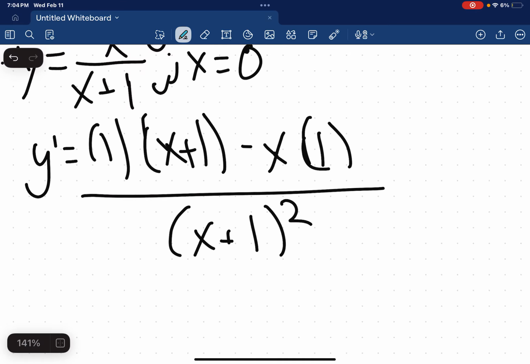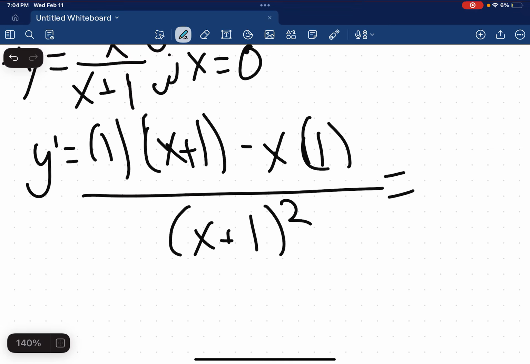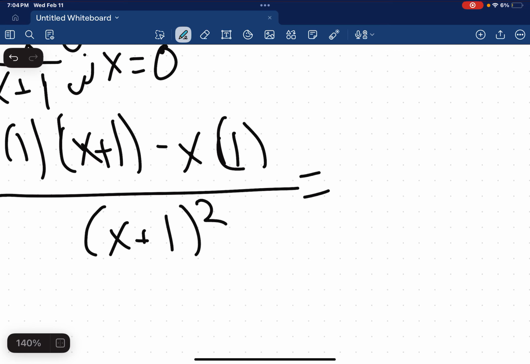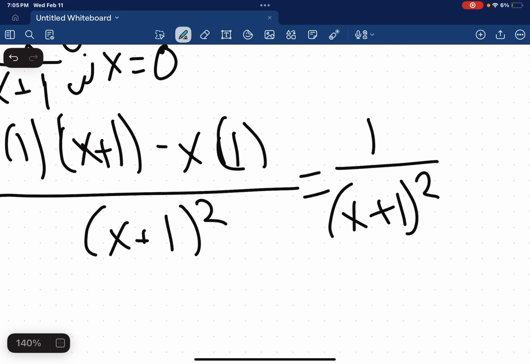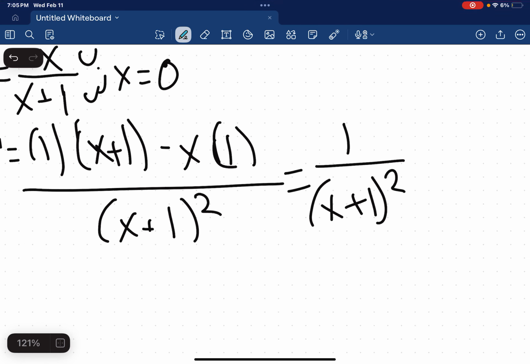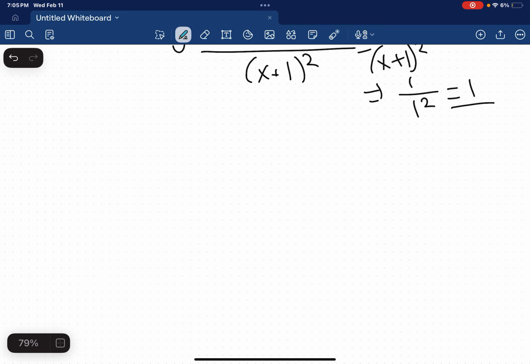Now this simplifies to 1 divided by x plus 1 squared, and it asks at x equals 0. So now we're going to get 1 divided by 1 squared, which is simply just 1. And that finishes up that exercise.